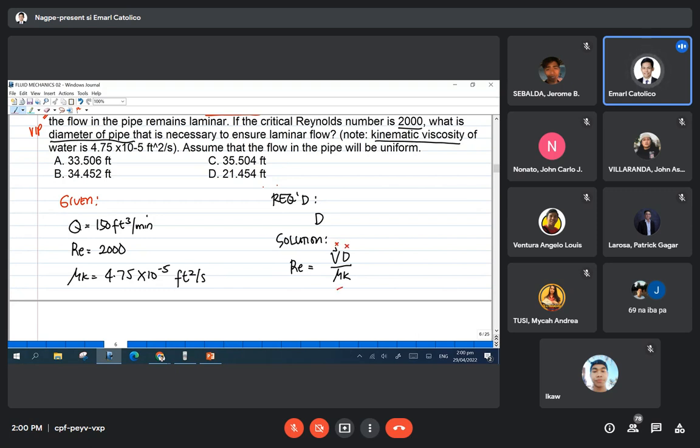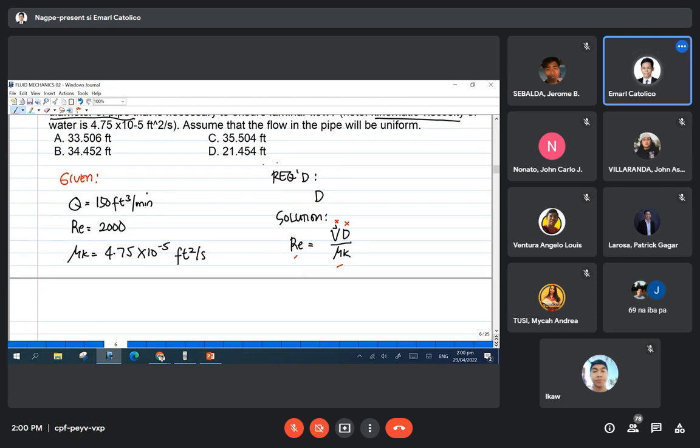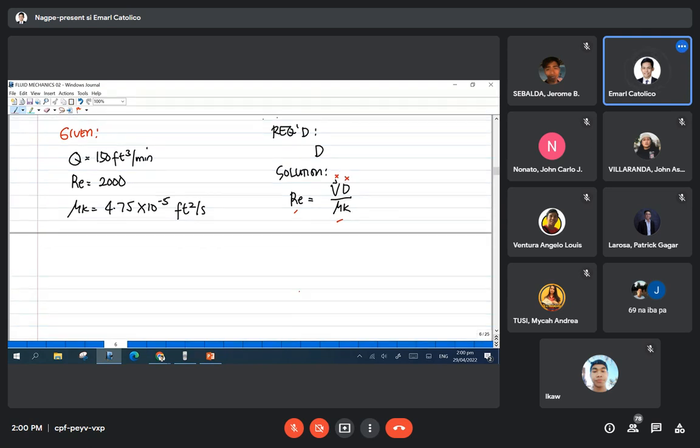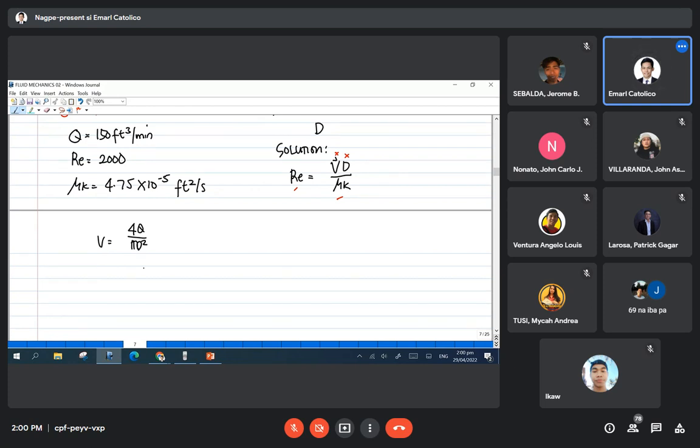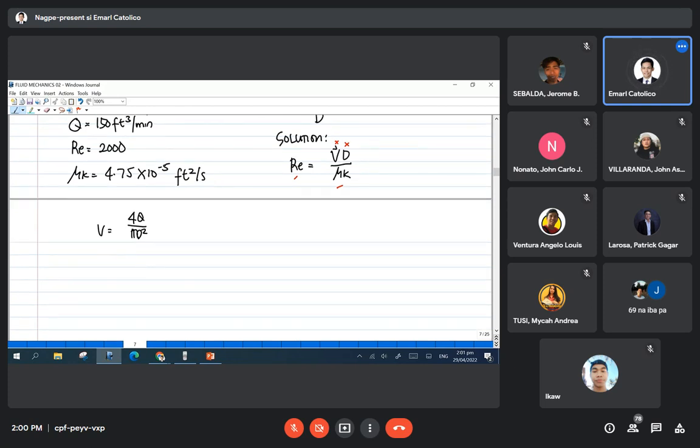Ang meron ka lang is kinematic viscosity and Reynolds number. So isosolve muna natin si velocity. Formula ng velocity natin is 4Q over pi D squared. So hindi mo rin masasolve si velocity kasi wala kang diameter. Tama. So i-plug mo na lang siya dito, yung velocity. Okay.